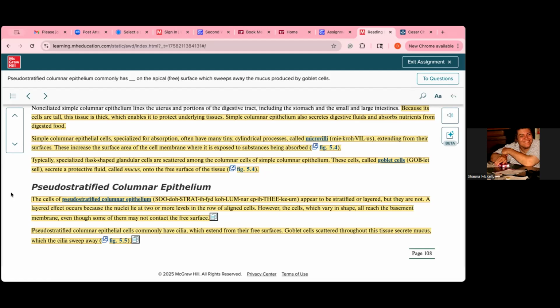Goblet cells scattered throughout this tissue secrete mucus, which the cilia sweep away. So the answer there is cilia.